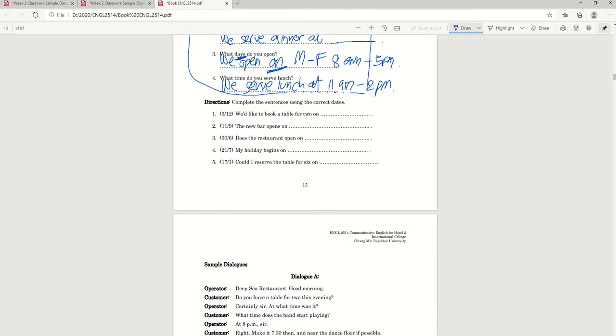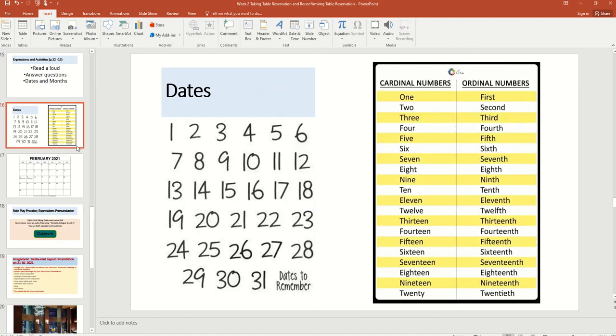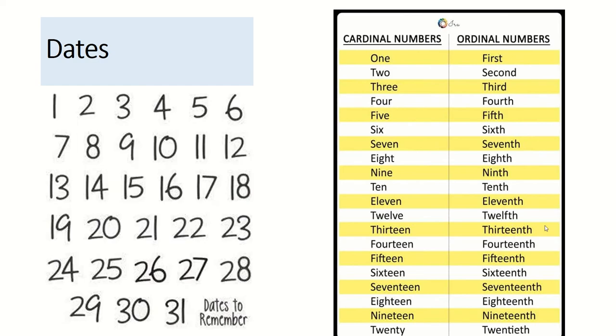17, but 17 with TH. Can you ring the bell of those types of number? We are now talking about cardinal and ordinal number.